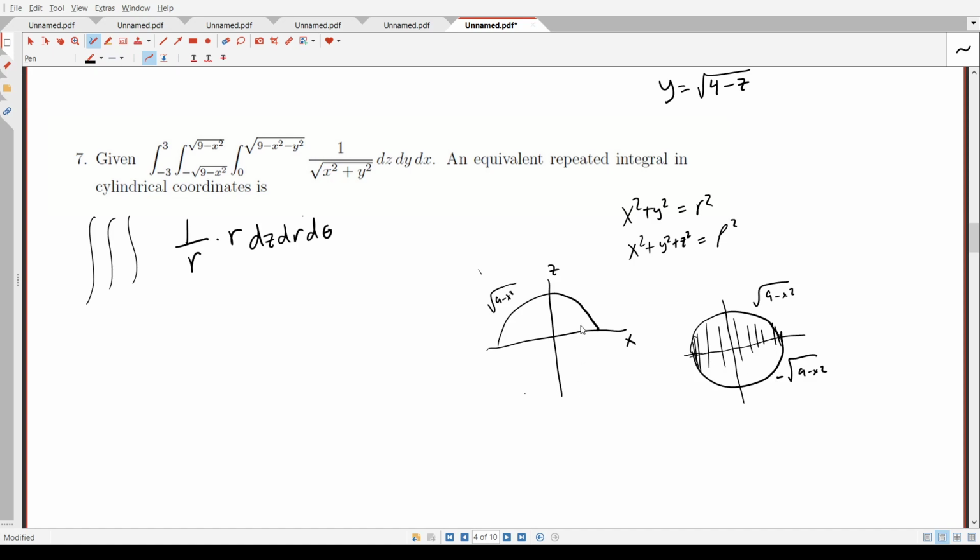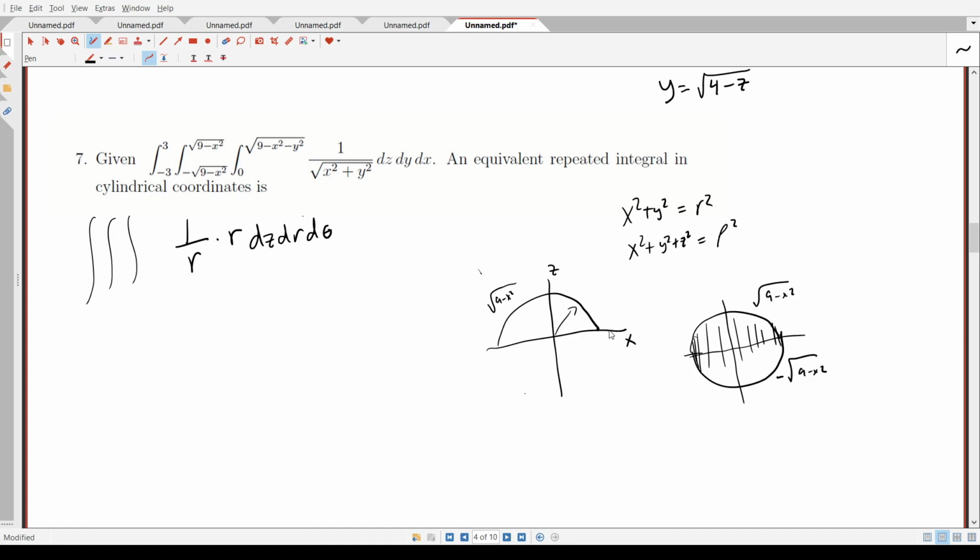Basically this is just the top half of the sphere, with a radius of 3. Never mind about that.